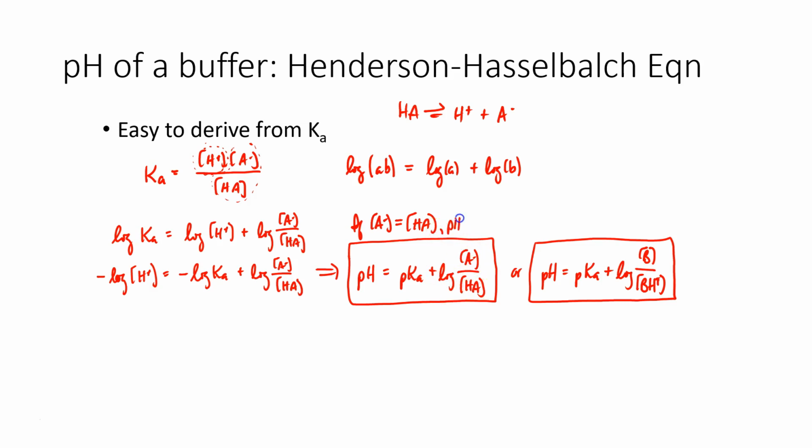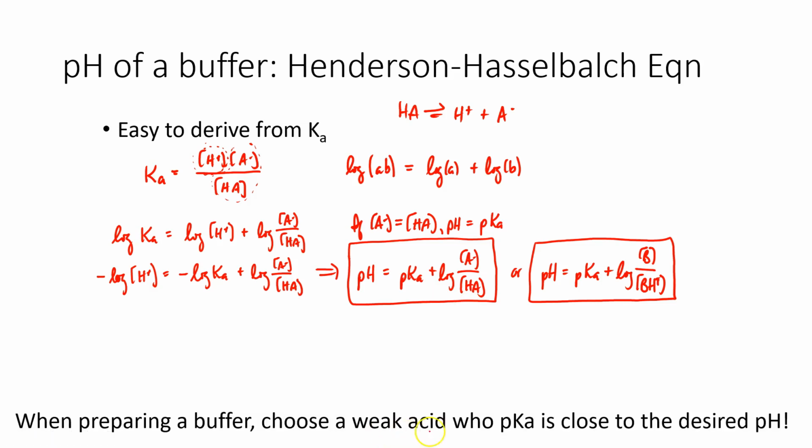So the pH would just equal the pKa. So what I'm trying to get you to realize here is that this term in the equation is never going to be very large. So you have to remember that when you prepare a buffer, you want to choose a weak acid whose pKa is close to the desired pH.